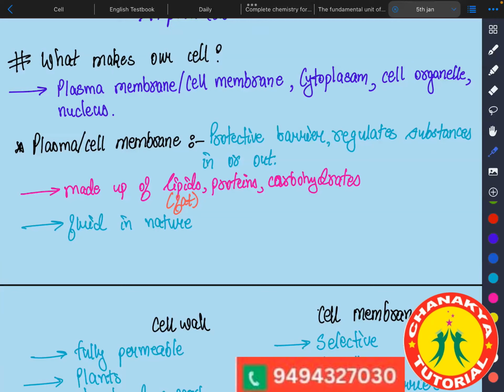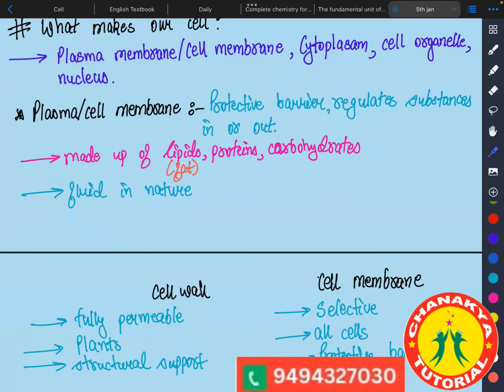Sir, it's a barrier. It protects the cell. Sir, it's a selectively permeable membrane that basically regulates what comes in or goes out of the cell.